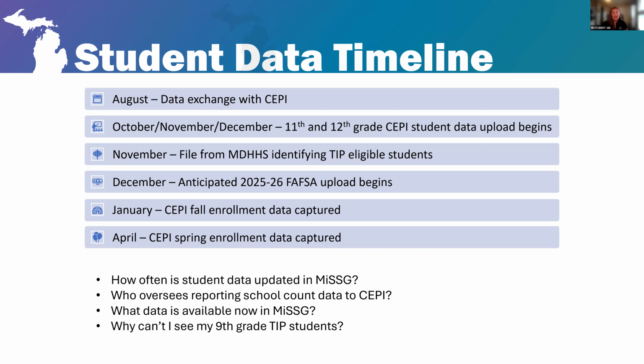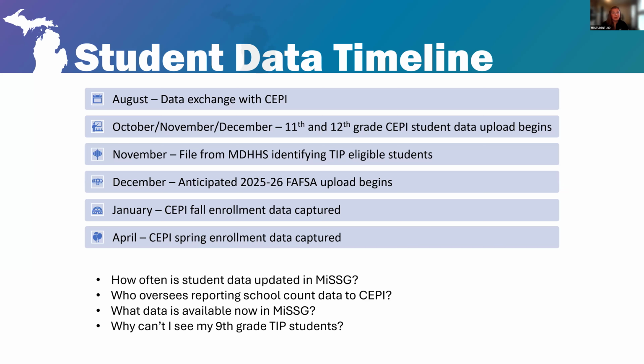I say all of that because of what you see up on your screen about these timelines, especially timelines with CEPI: we could be delayed getting that information from CEPI because CEPI is not receiving it in a timely manner from the school. There could be delays in that school getting that data to CEPI, and thus it's delayed getting to us at MiStudentaid.